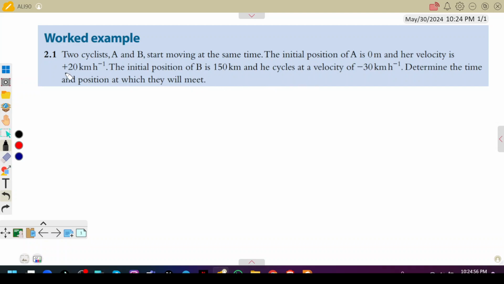So we see here it's kind of uniform motion, which means the speed is constant for both of the cyclists. We have seen some formulas for that, just like the position. Let's say for A we can write it's the initial position plus 20t.